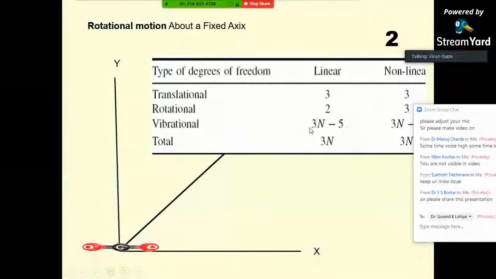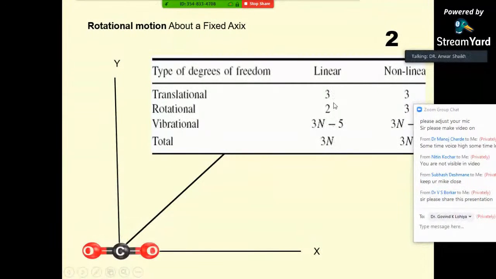That will be the vibrational. So a linear molecule has vibrational degrees of freedom of 3n minus 5. 3n is the total and 5 comes from 3 translational and 2 rotational.